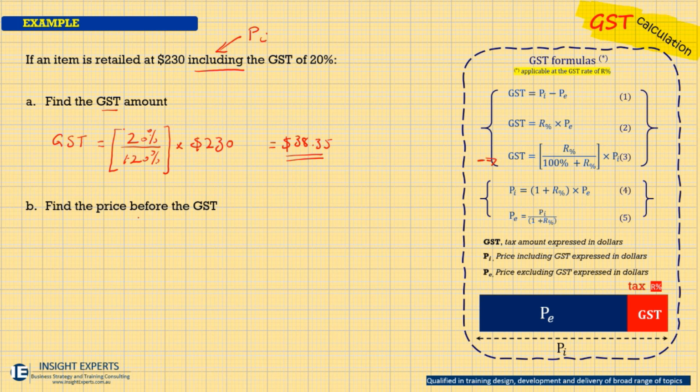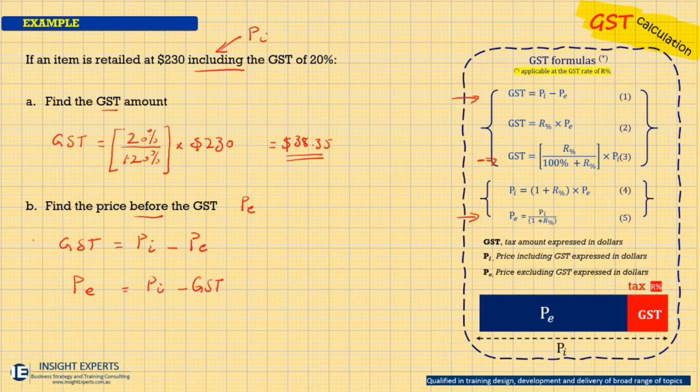Now find the price before GST. So we need PE, the price before tax. There are a number of ways of doing it. You can use equation number 1 or equation number 5. Let's try both. From equation number 1, the GST amount is equal to PI minus PE. If you rearrange the formula, PE equals PI minus GST.